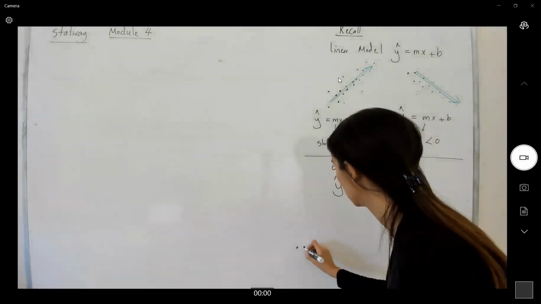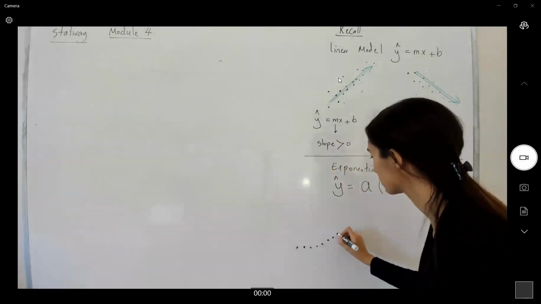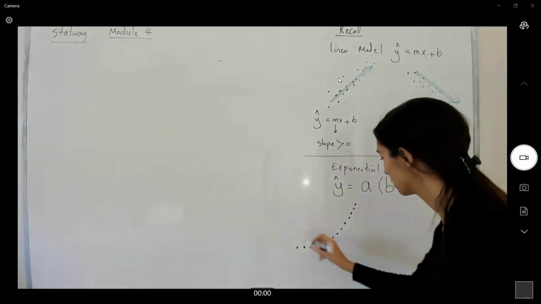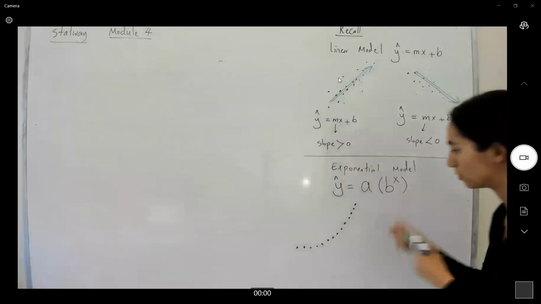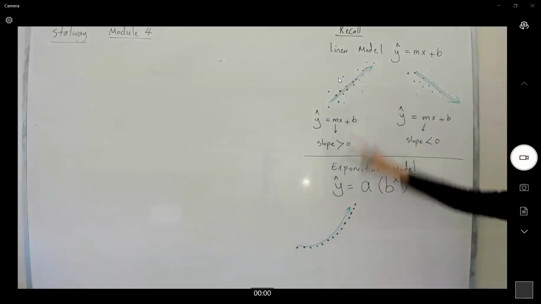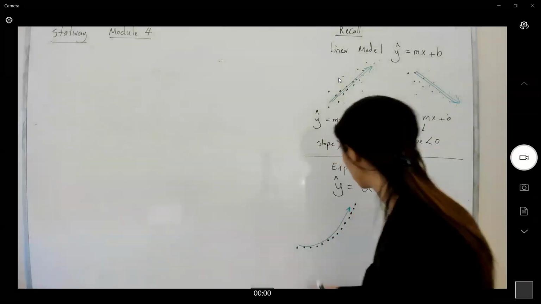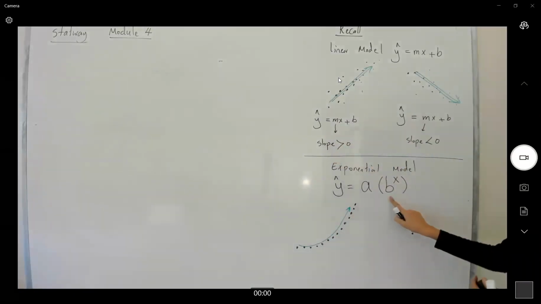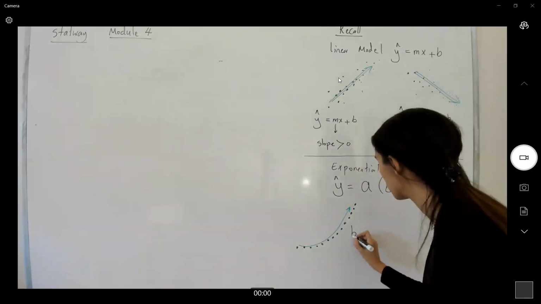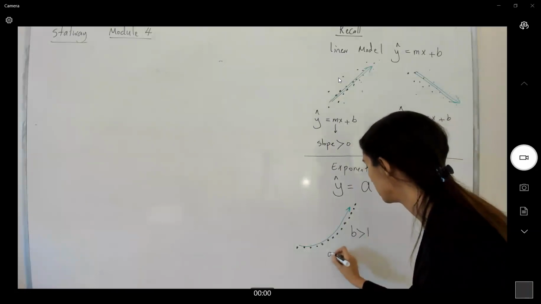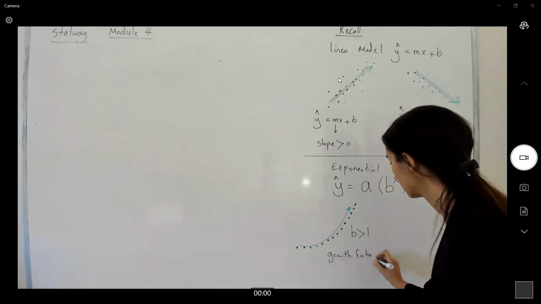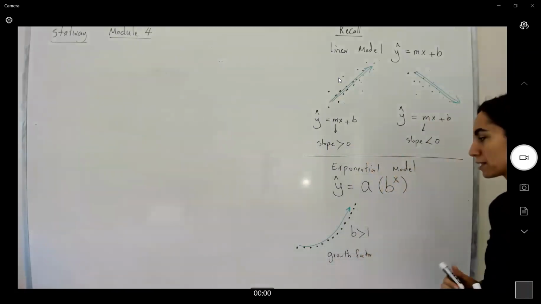So we had this increasing pattern in this case. Our model is going to be an exponential model. It's not linear, it's different from a linear model. And in this case, we say that b is a growth factor. B is greater than 1, and b is a growth factor, like the population of rabbits.